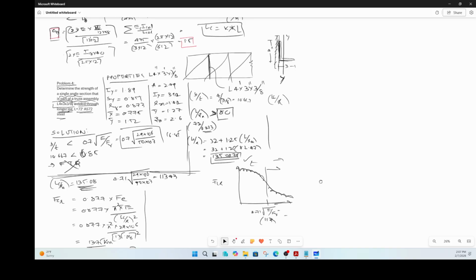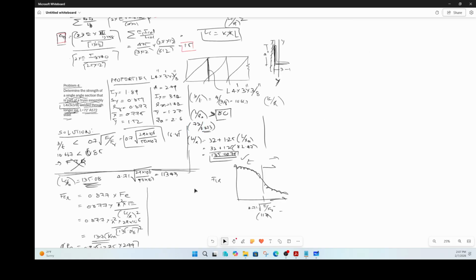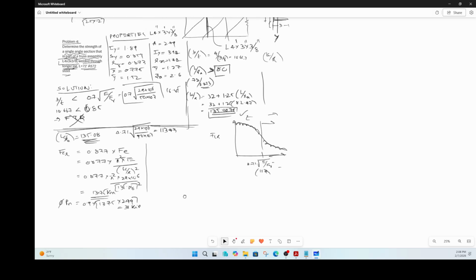So we went through the angle. In this particular case, the longer leg of the angle was welded to the connection there, and then we calculated the LC by R values based on LC by RA values, and we talked about all those details, and how you can calculate the strength of that particular member.